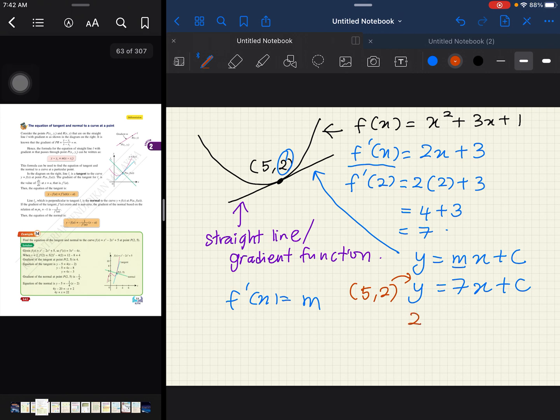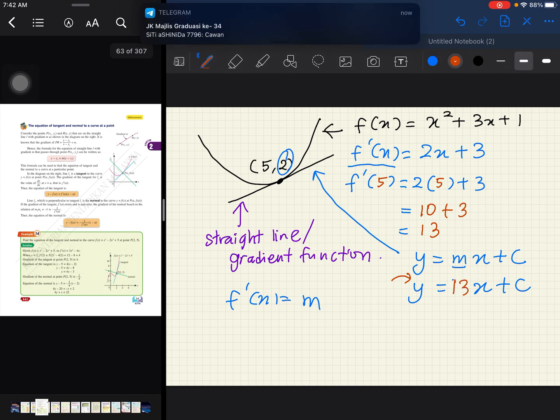So, kita dapat 2. Sekejap, alamak. Okay, salah. X ni tadi sepatutnya 5. Okay, sorry, my mistake. Nasib baik perasan awal. Okay, so x 5. So, kita masukkan 10 tambah 3, dapat 13. So, M kita adalah 13 lah. Okay.